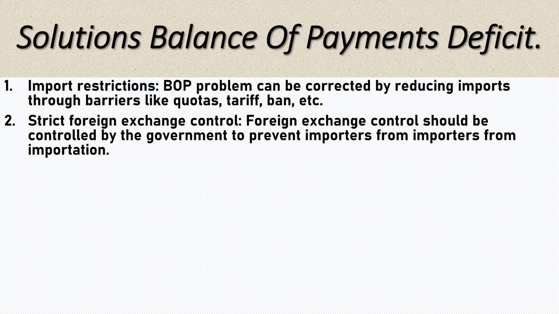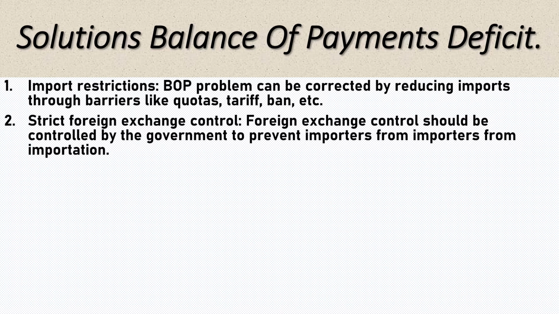Next is control of foreign exchange. This is in the hands of the government. Foreign exchange, if not properly controlled, can encourage importers to import more goods and services into a country.